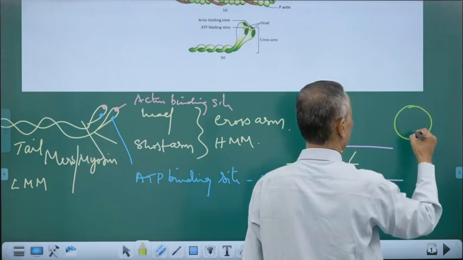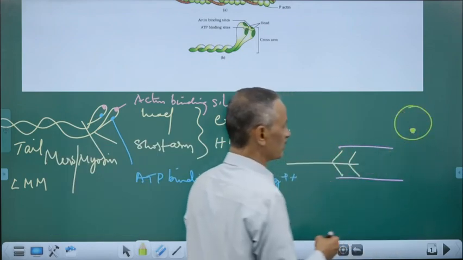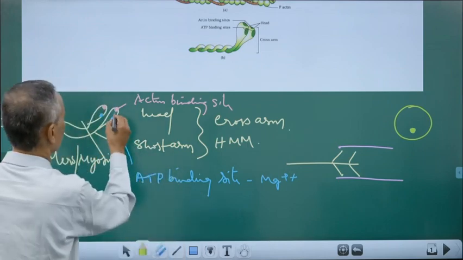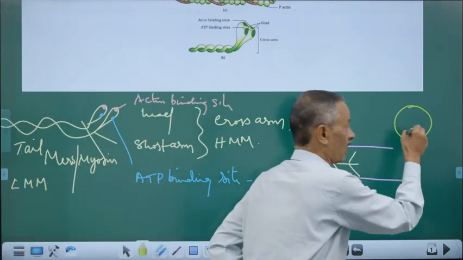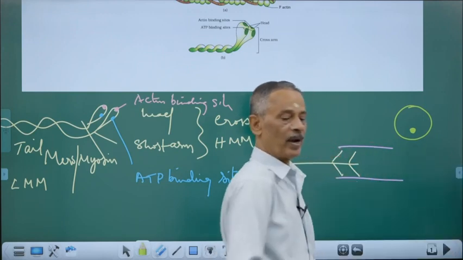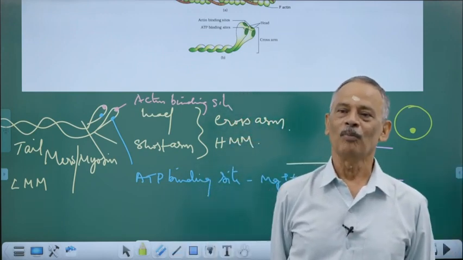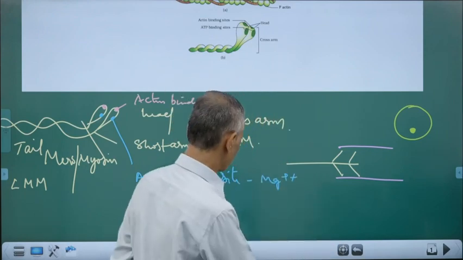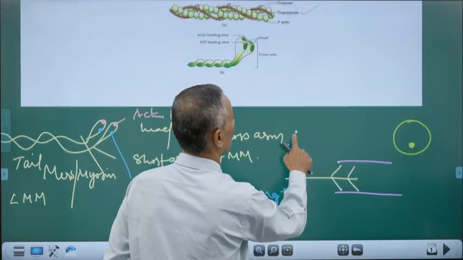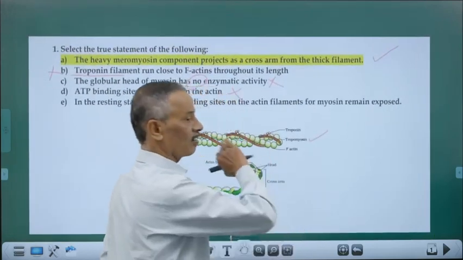Each G-actin is having a binding site. It is to that binding site that the actin binding site of the heavy myosin is getting attached. It is concealed by tropomyosin when the muscle is not contracting, it is resting.